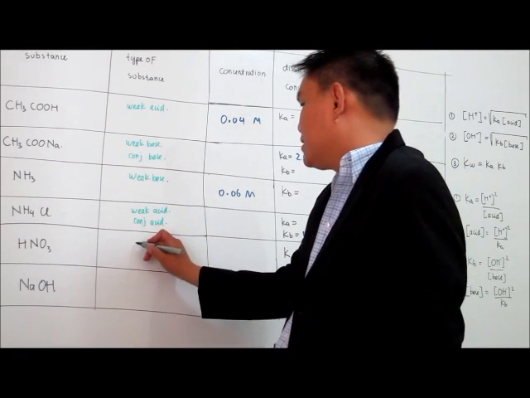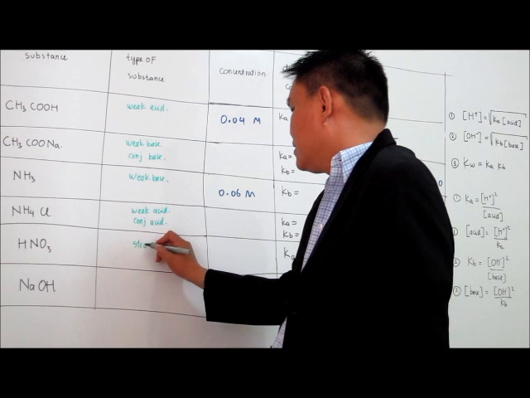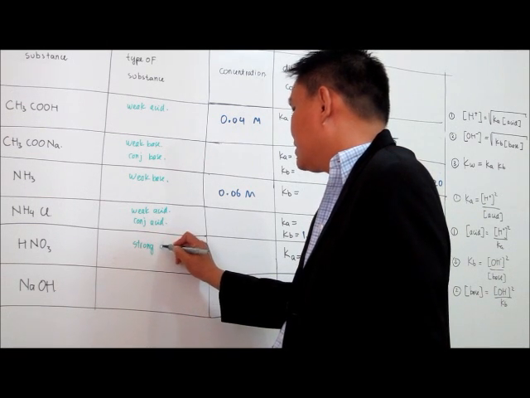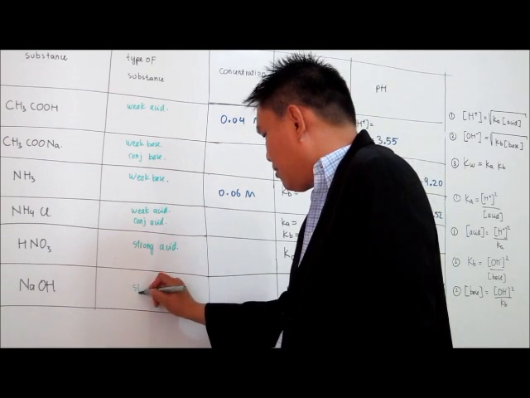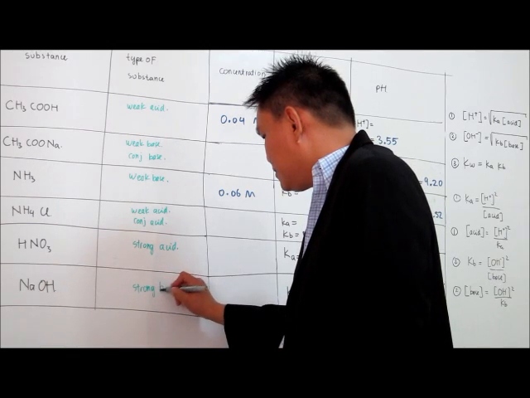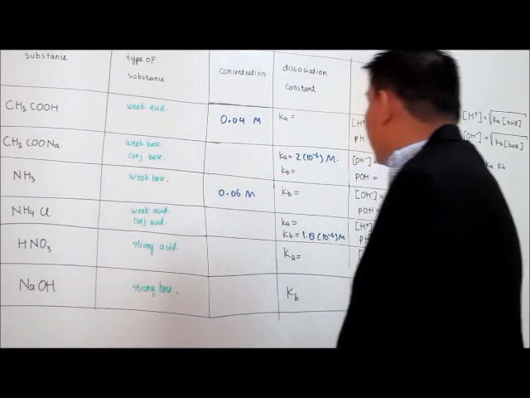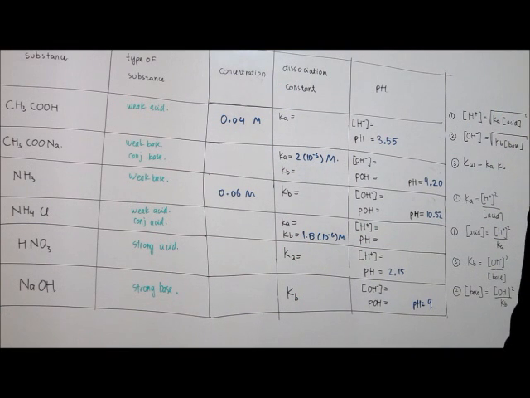HNO3 and NaOH are of course a strong acid and a strong base. Now how are we going to calculate this? Very simple. pH is given, then we are asked to calculate backwards.